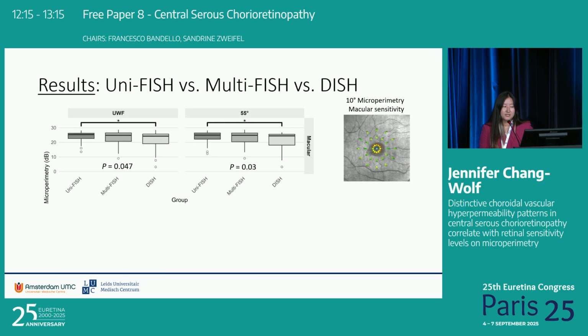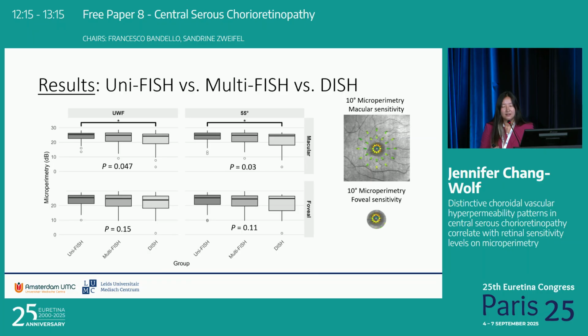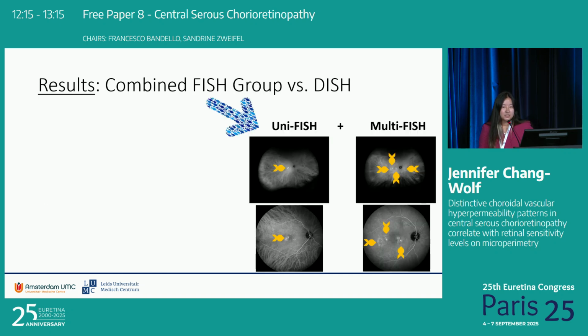Now, on macular sensitivity, we noticed that there seemed to be a distinct difference between unifish and dish for microperimetry. And if you looked at foveal sensitivity, although this analysis was slightly underpowered, there was a trend towards a difference between the unifish and dish groups. We wanted to increase the power of our findings by combining the unifish and multifish groups, since they had a similar distribution, we noticed, and overall they are focal compared to the diffuse findings in dish.